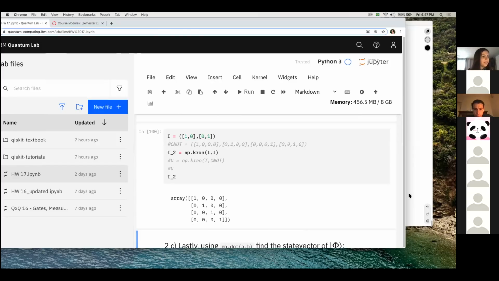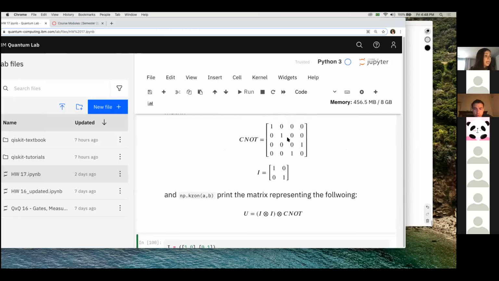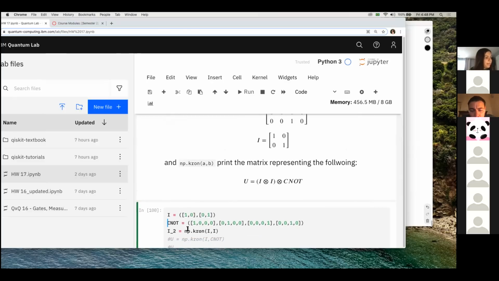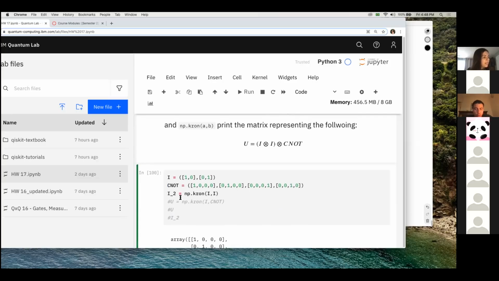So now I'm going to write the C0 matrix line by line. We write square brackets, and each line of the matrix is going to be one little box. That's how you write it. And now I already have the I2 written here.